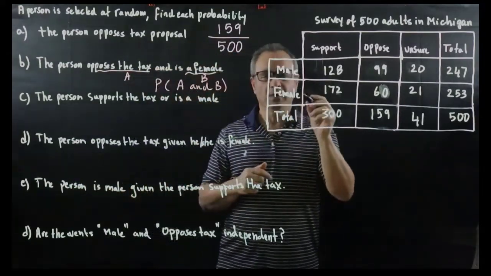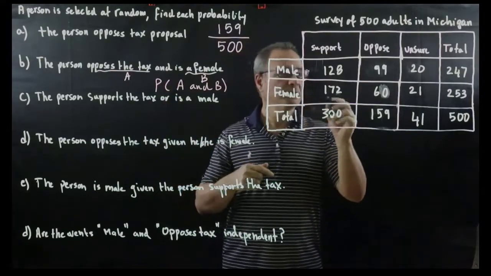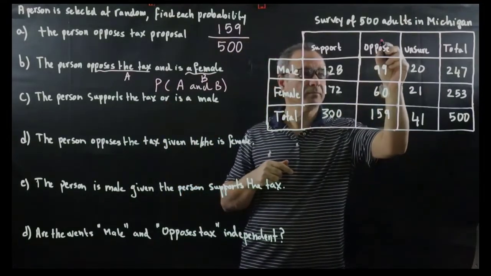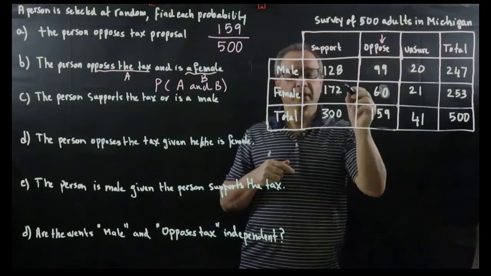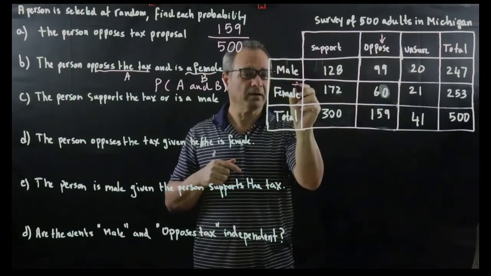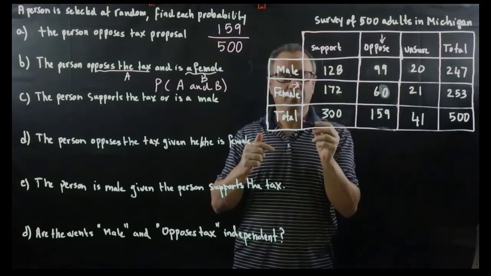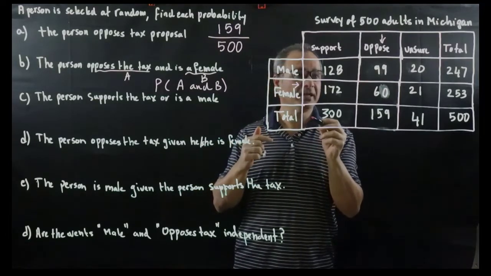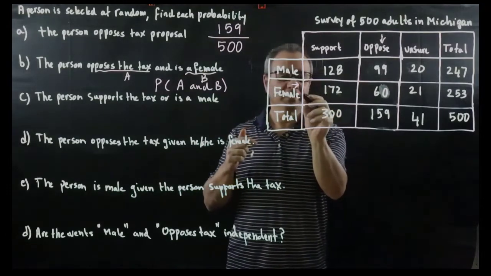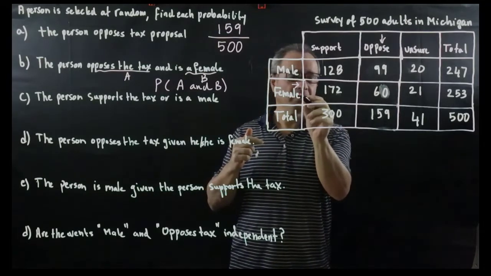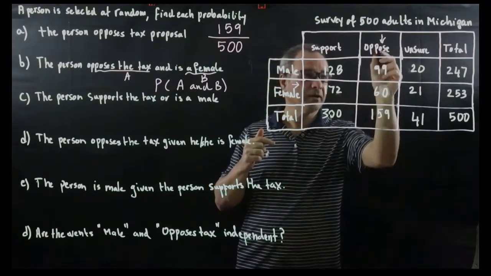Okay. We go to oppose, right here, this is the column. And female, it's the row. We want the ones who oppose the tax proposal and are female, so we need the intersection of the two. Where does the female row intersect with the oppose column?